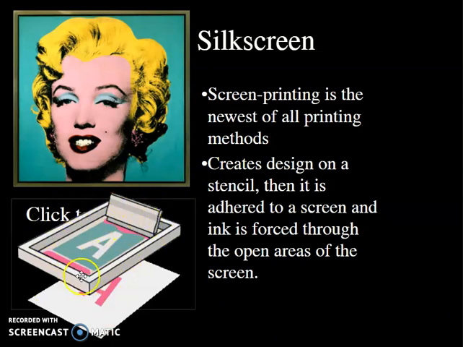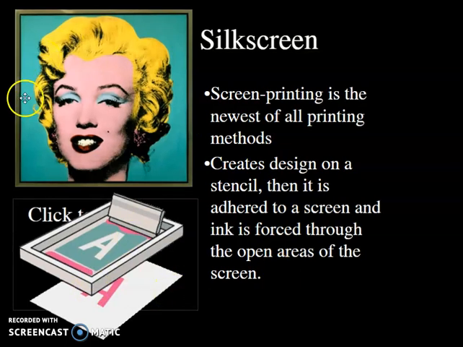Here would be the stencil, a very fine mesh screen, and you're squeegeeing the ink through the area that is open on the screen, thus making the print. Artists like Andy Warhol, in this image of Marilyn Monroe, made this type of printmaking very popular. Most of his silkscreens were of pop culture, either celebrities or objects and images that were a part of the popular culture at the time.